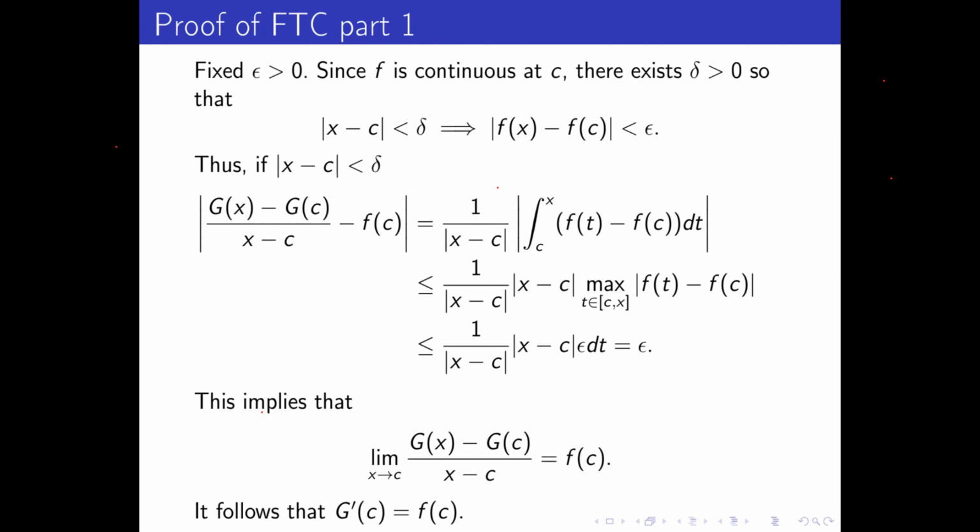You want to show that the derivative of G at x is F at x.